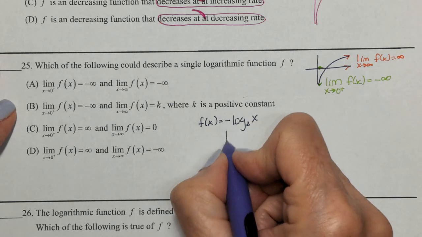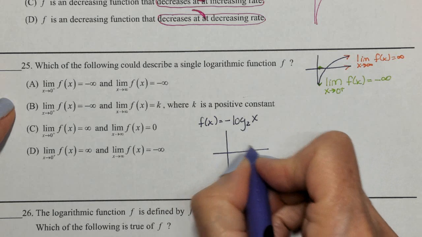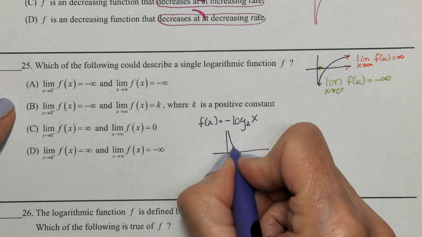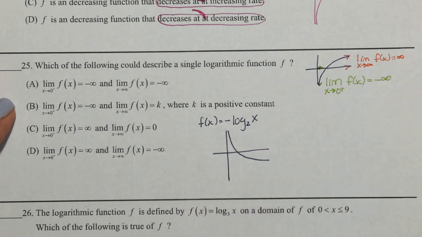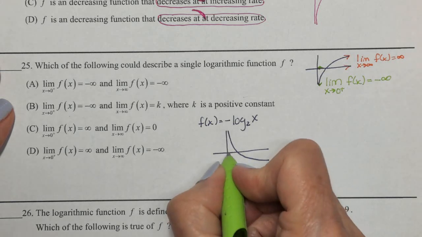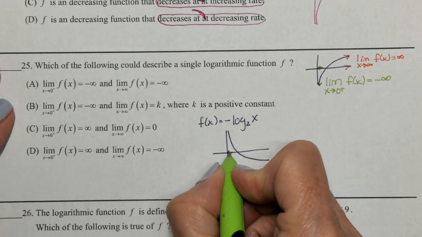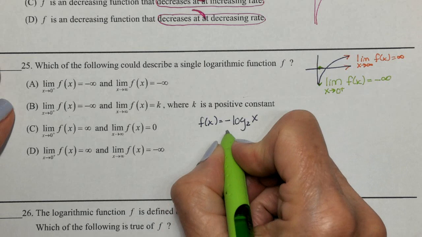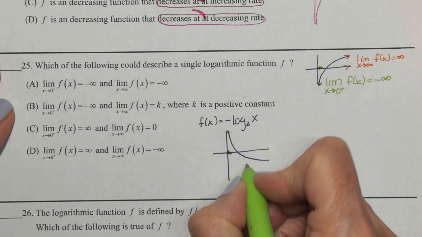And if that was the case, the function would look like this. It would flip it over the x-axis, right? So as x goes to 0 from the positive side, now the function is approaching positive infinity.